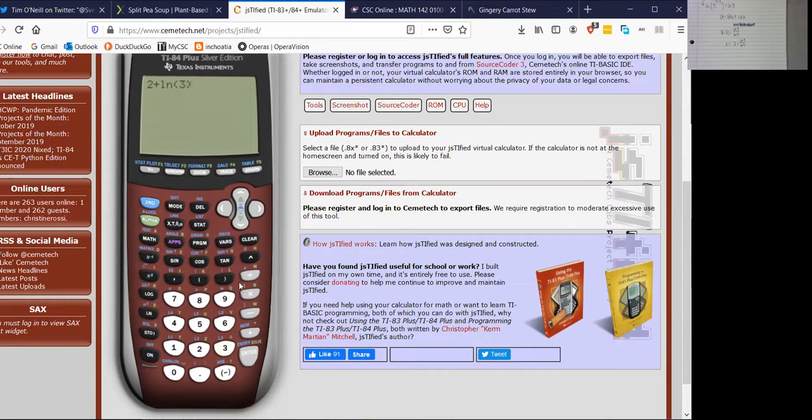The calculator will follow the order of operations correctly. So it will do this division before this addition. And we get x equals 2.792481.